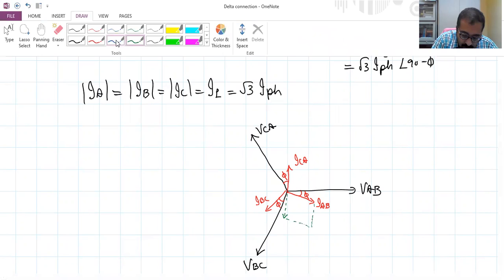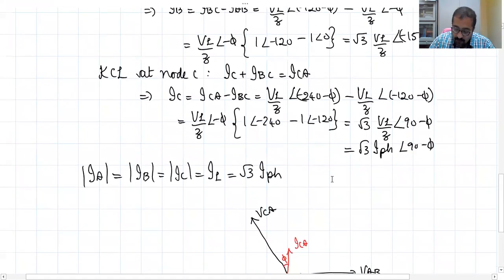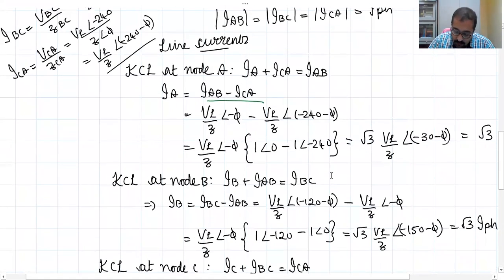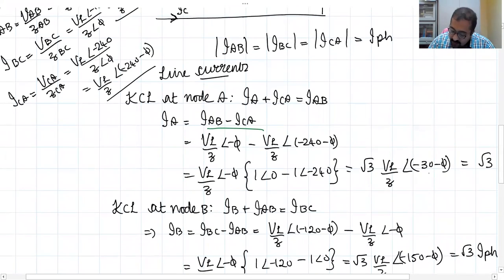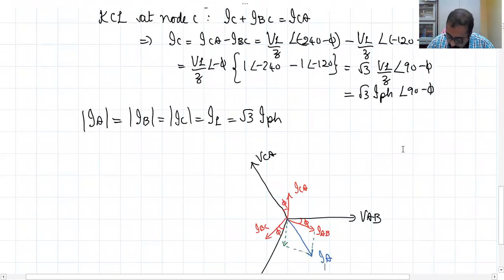So this will be the line current IA. Okay, so you see what's the angle between this? What is the angle here? It was minus 30 minus φ. Okay, so this angle is minus 30. Okay, angle between IAB and IA, that is minus 30.